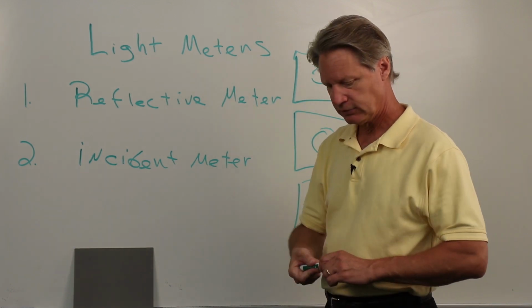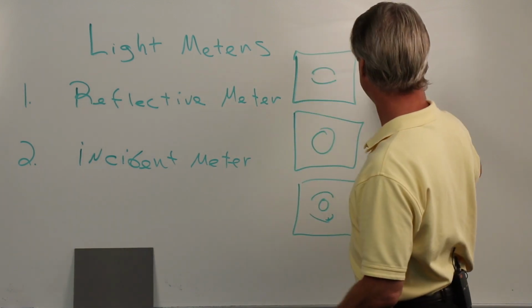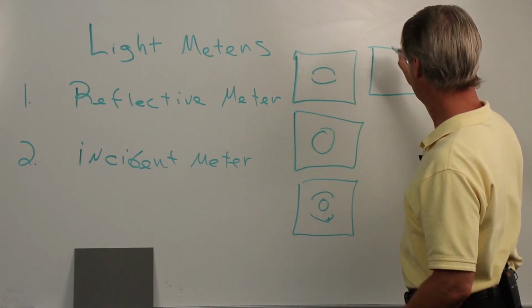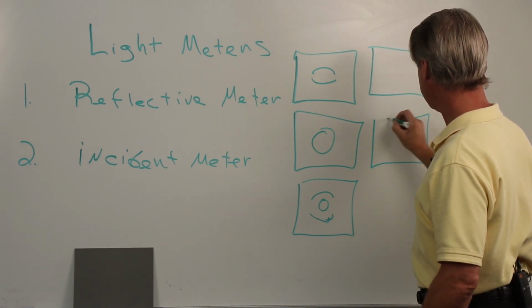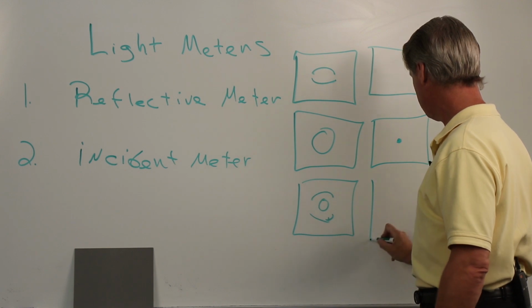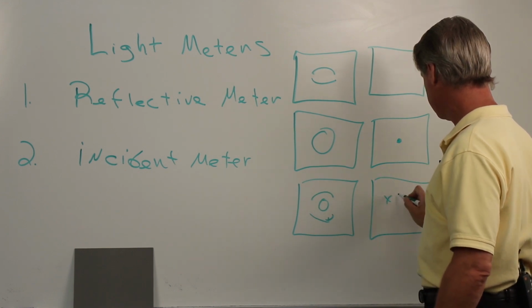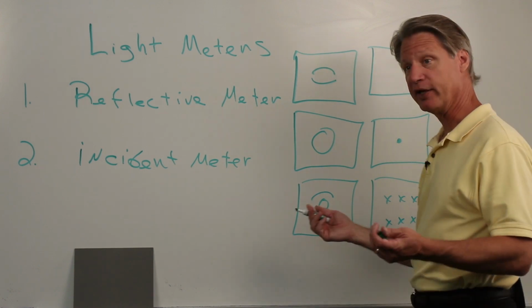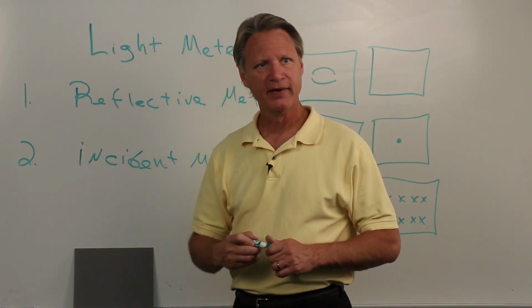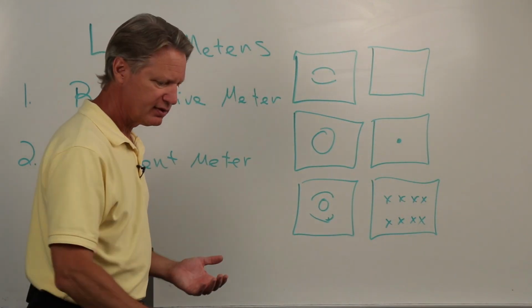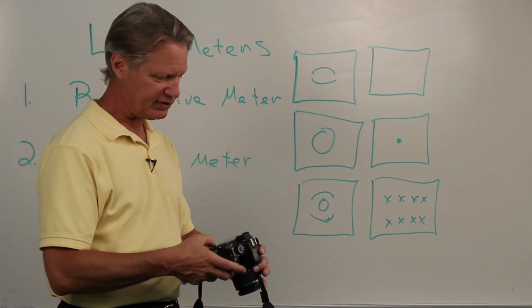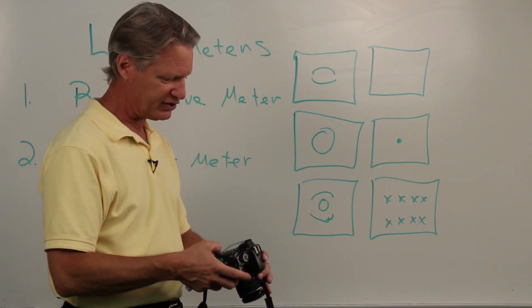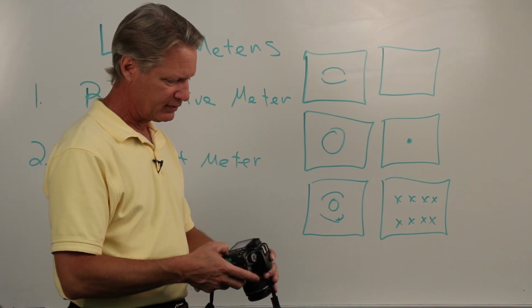Okay? And you might again see one that's just an open square, and you might see one that has a dot in the middle, and you might see one that has several areas to meter. Now these have names and they're listed on your camera, so if you're looking for them, it tells you what they are.